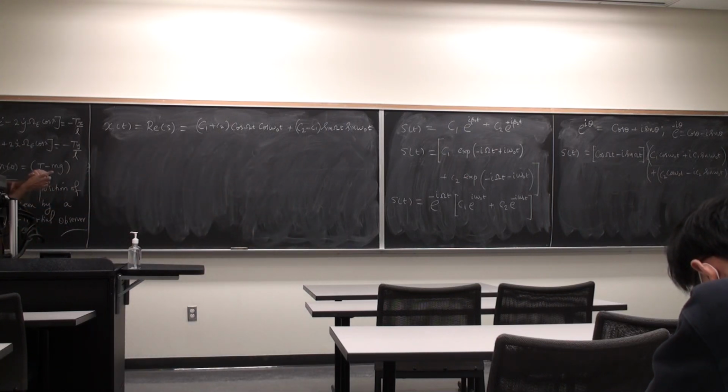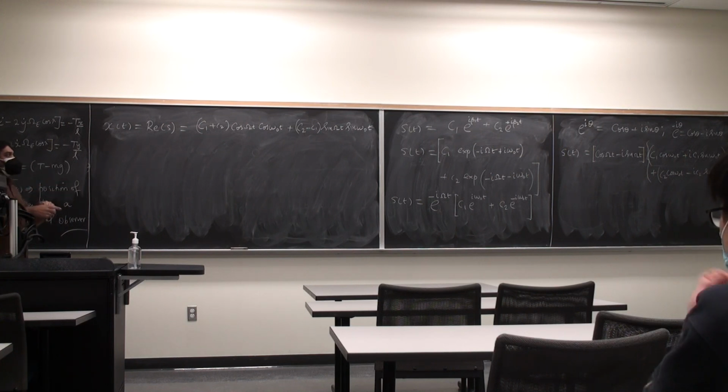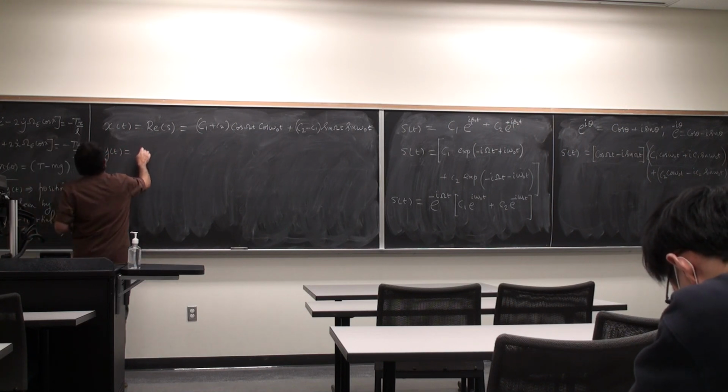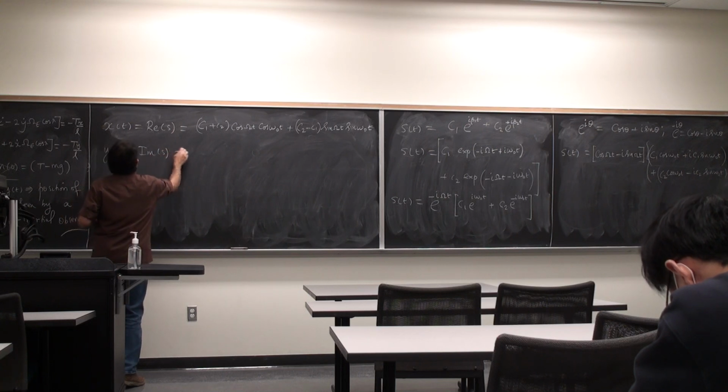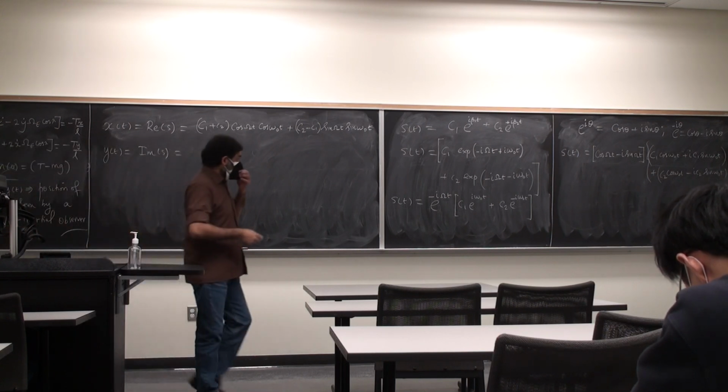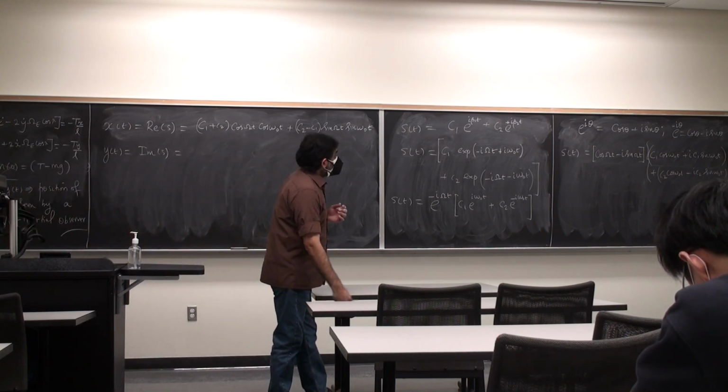Do the multiplication, take out all the real terms, set that equal to x of t. Do the multiplication, take out all the imaginary terms, set that equal to y of t. Y of t is the imaginary part of S, and this ends up being the following.